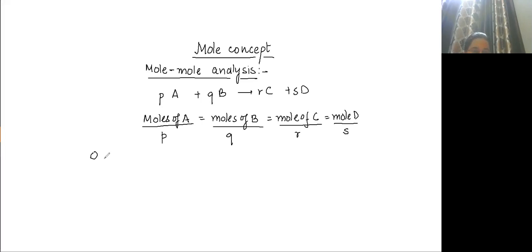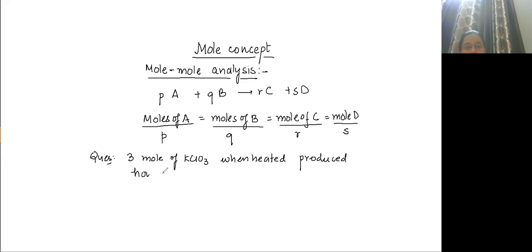So question says, 3 moles of KClO3 when heated produced how many moles of KCl and O2.